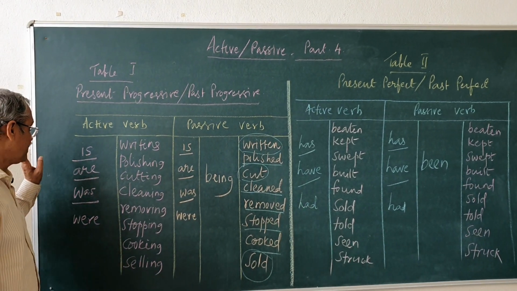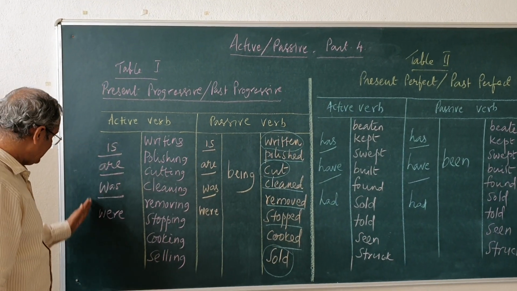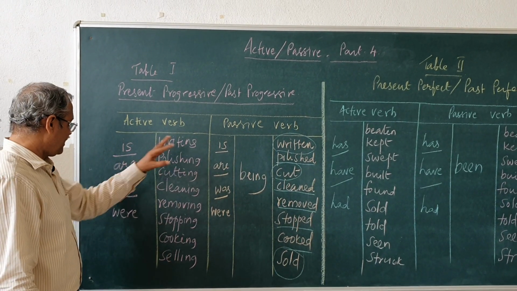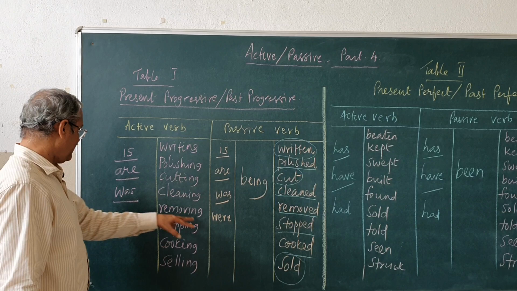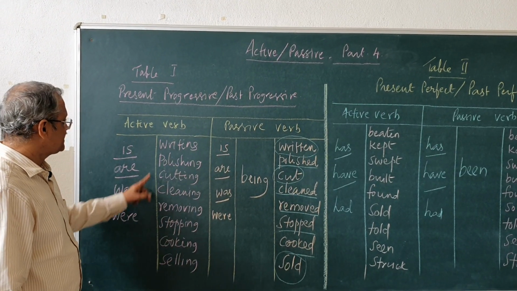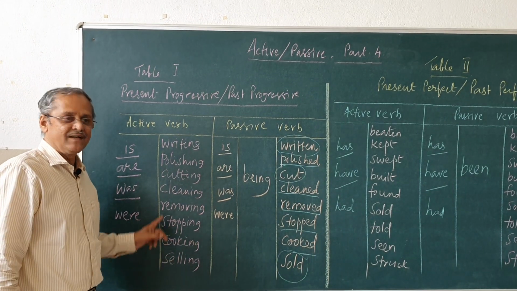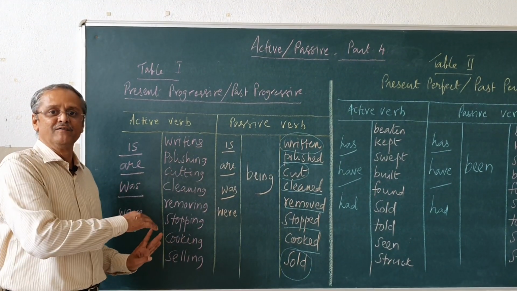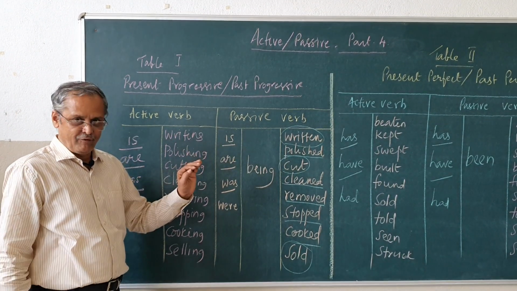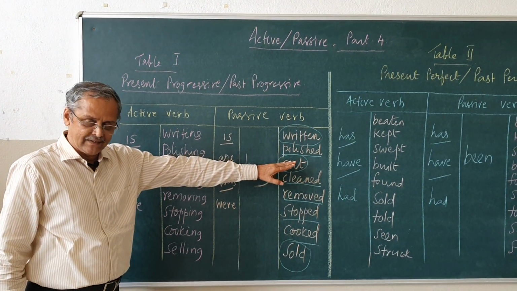So, what should you do now? Here you put any subject: he is writing something, they are playing, they are cutting grass, he was cleaning the floor, they were stopping. Change these verbs with some other new verbs and then practice. Then put the past participle form and practice.